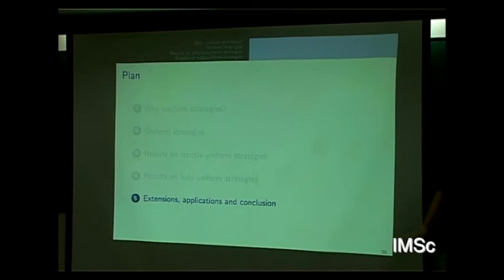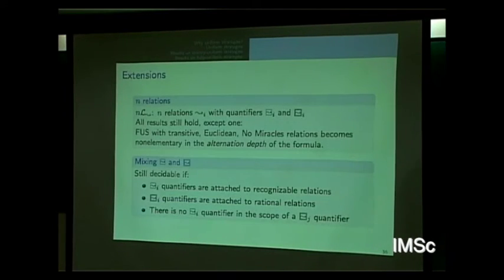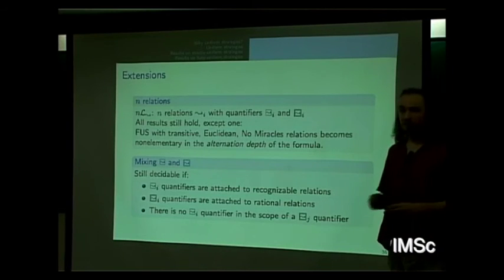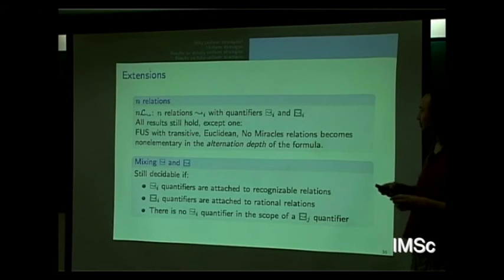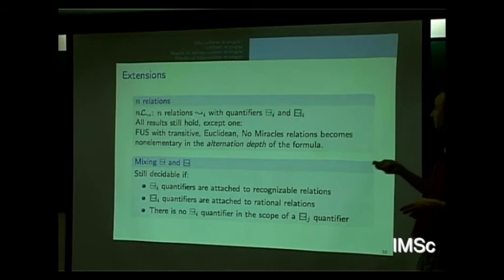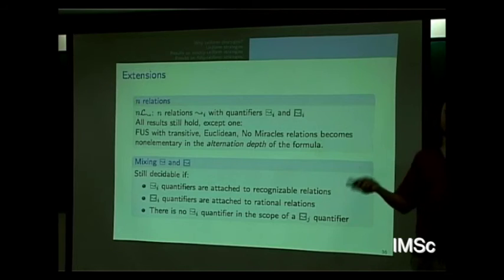Quickly, you can extend the language to deal with several relations. You have n relations, and for each relation you have the corresponding strict and full quantifiers. When you do that, all the results still hold: undecidability for strictly uniform strategies, decidability for recognizable relations with the same complexity for fully uniform strategies.